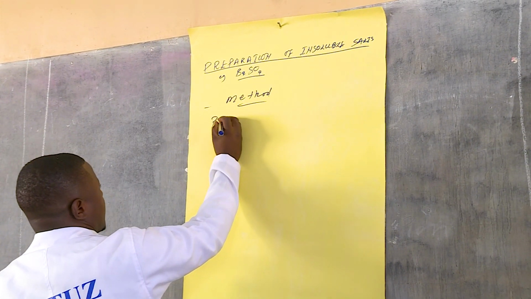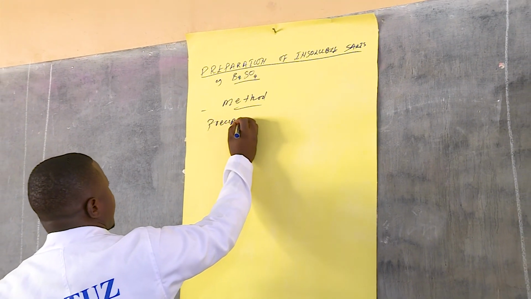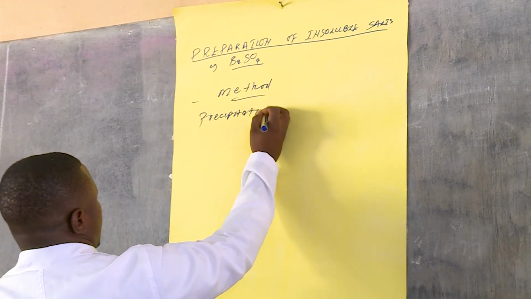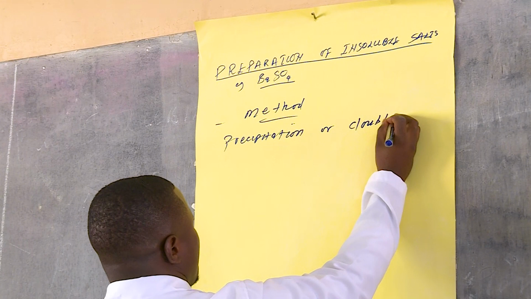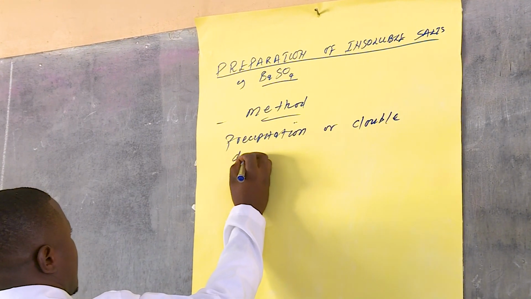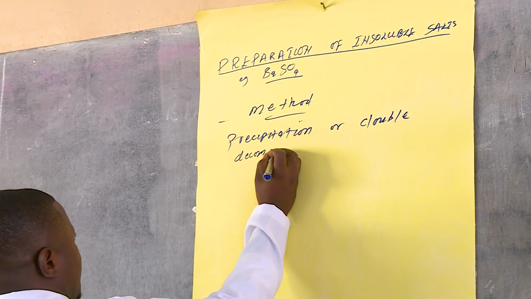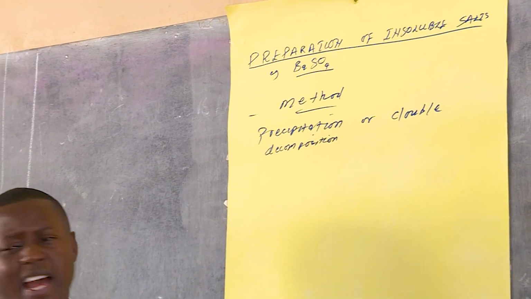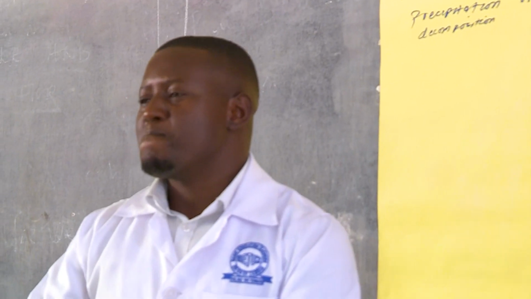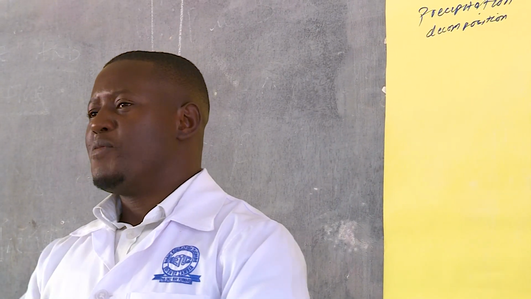So the method we call precipitation or double decomposition. Okay, now what is involved under precipitation?